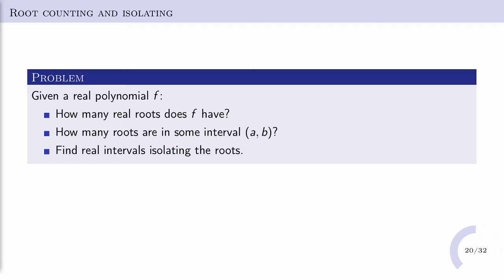On the other hand, if we are able to isolate roots, then it is enough just to count how many intervals we have, and then we have the number of real roots of f. So as you can see, these two questions are actually equivalent. There are a number of methods for solving this problem. In this lecture, I will present the most classical one, which is Sturm's theorem.